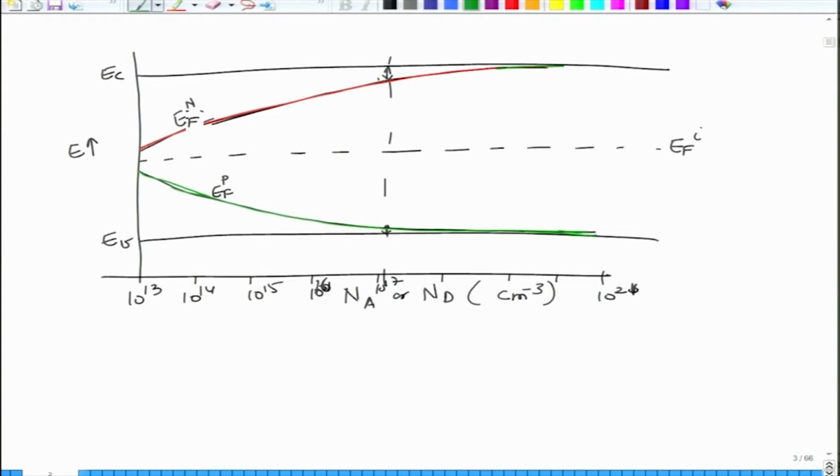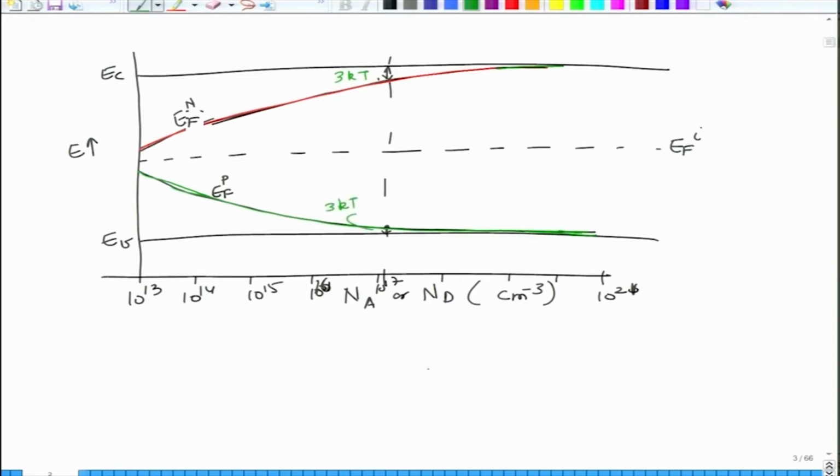So, EFN gets closer to EC and EFP gets closer to EV as you keep doping the material, there comes a limit when this gap is smaller than 3 kT. So, this is the limit you have of 3 kT, okay.